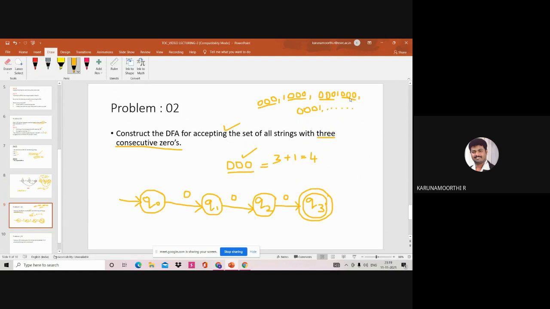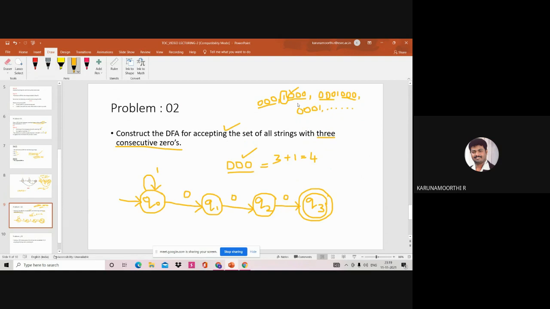Right? So now the first three zeros are accepted. Now the second one, I want to accept 1000. Is 1000 accepted for this automata? No. So now I want to include the input symbol 1. Can I put a self loop? Yes. If I put 1 here, there is no problem. So 1000 is now accepted.